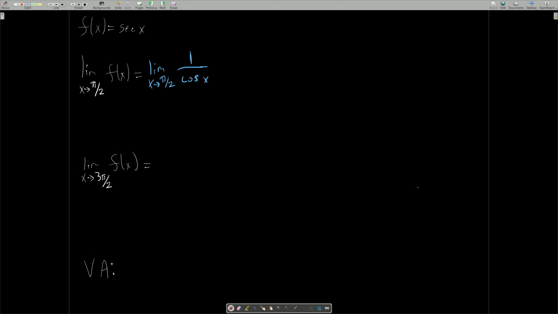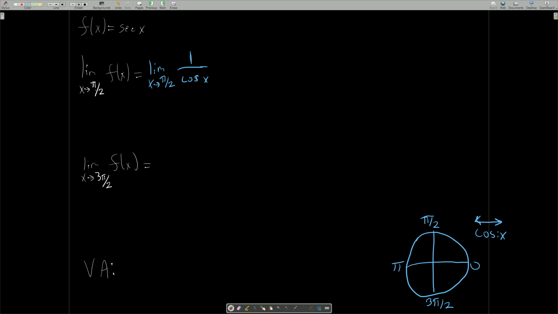Now for this problem, it may be helpful to just draw out the unit circle. So you have pi over 2 here, and 3 pi over 2 here. Remember that cosine is the x value on the unit circle.